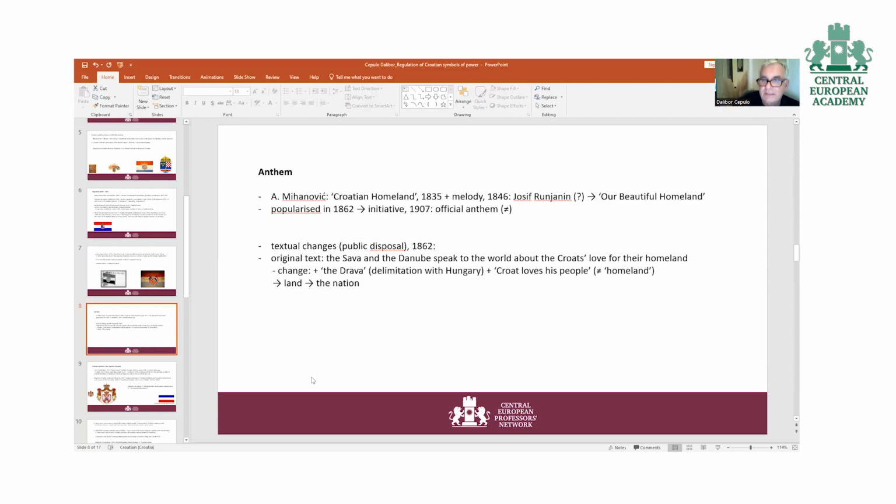Apart from that, the original verses about the Croat's love of his homeland were replaced by the Croat's love of his people. So these changes introduced the delimitation of the homeland and the national marking of this homeland. The Croat not just loved his homeland, but he loved his people.